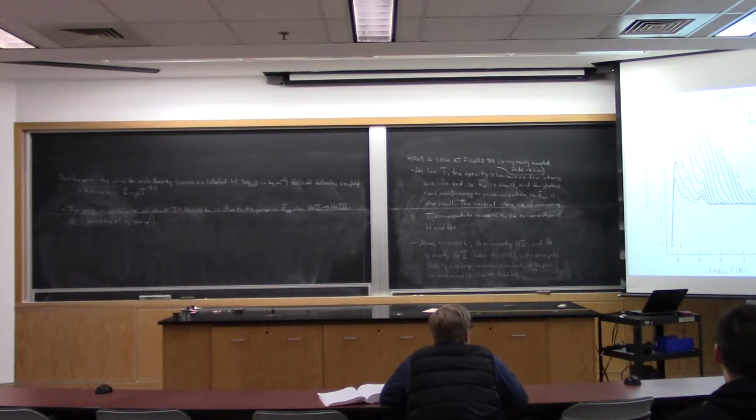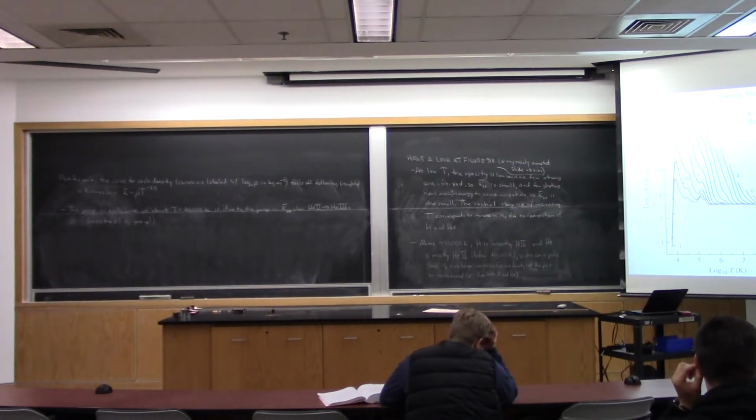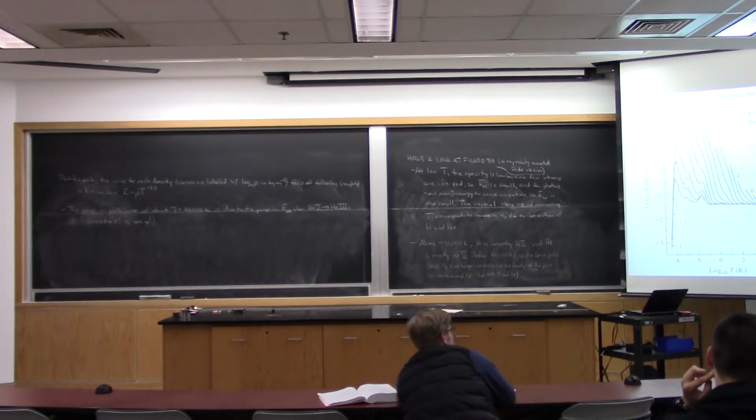And then eventually every curve flattens out to a nearly constant value, and that's because eventually electron scattering dominates. Once the temperature gets big enough, the Kramers' opacity law contribution becomes negligible, and so electron scattering dominates.